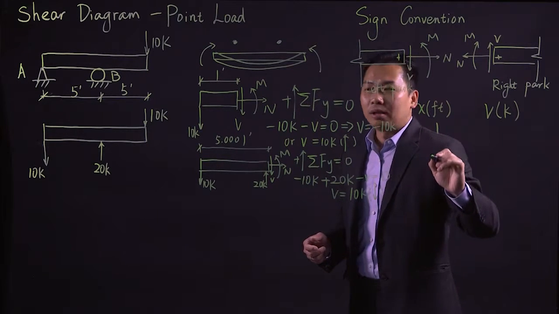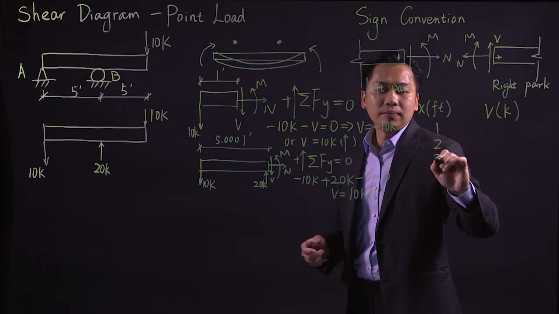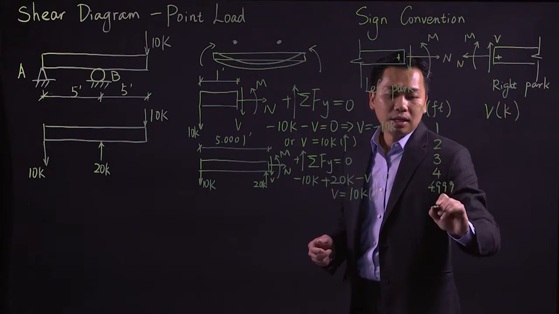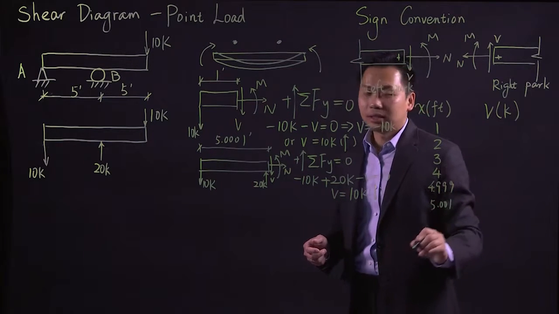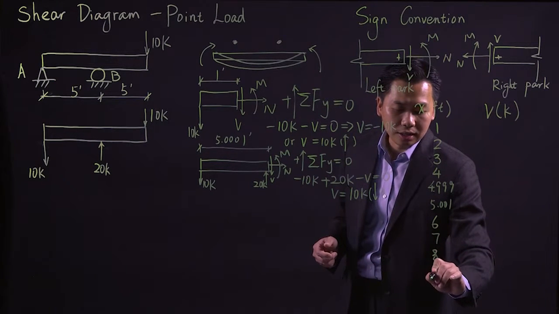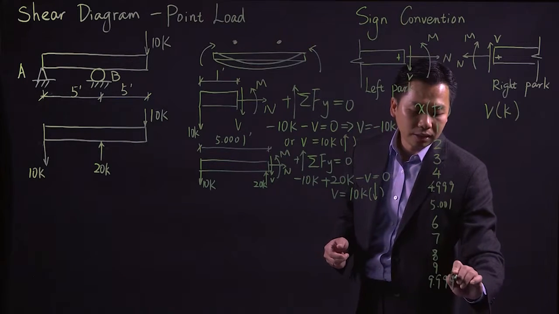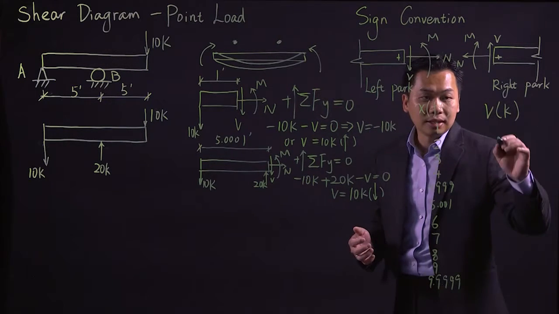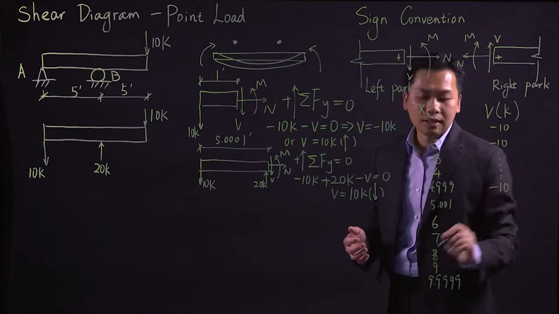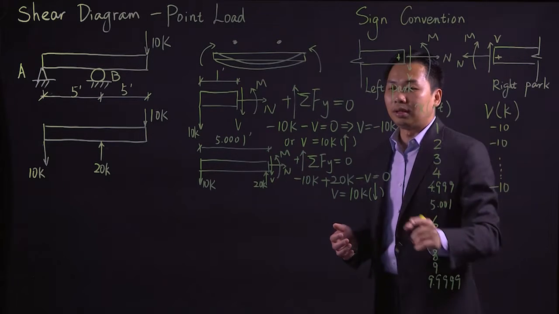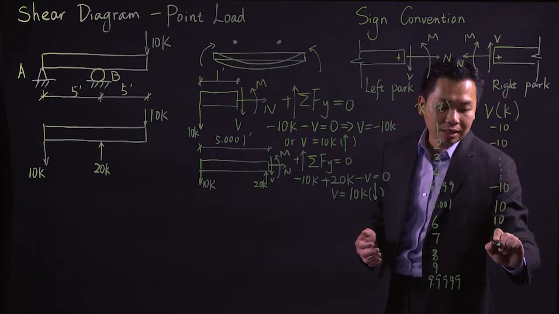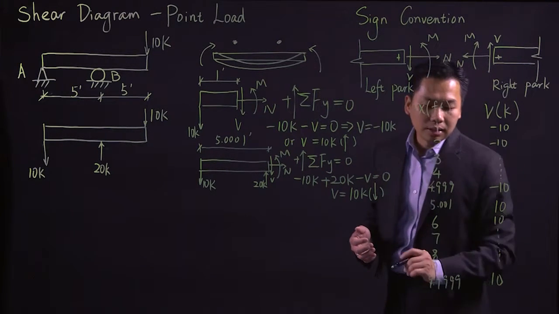If we're cutting at 1 foot, 2 feet, 3 feet, 4 feet, 4.999, 5.001, 6, 7, 8, 9, 9.999, all the shears you're going to get are negative 10, all the way until 5.001. As we calculate, the shear jumps to positive 10, and it stays that way all the way to 9.999.